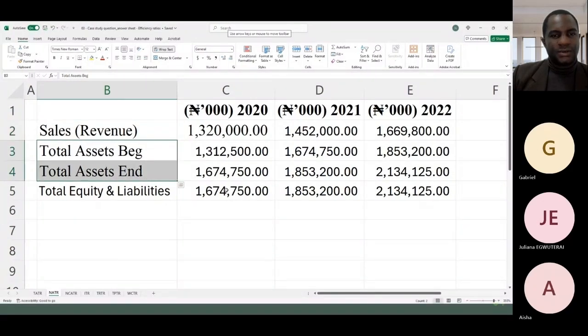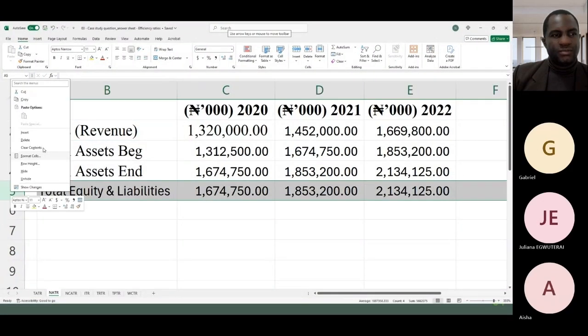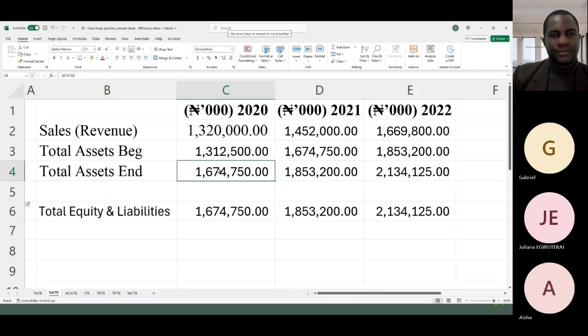Okay, so I have this. Let me remove total assets. I don't even need to do beginning and ending now.